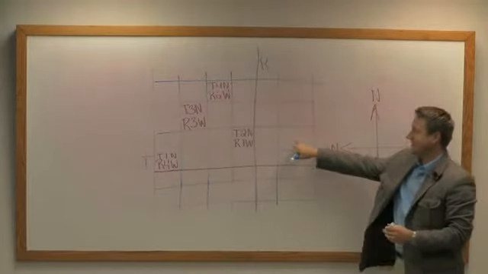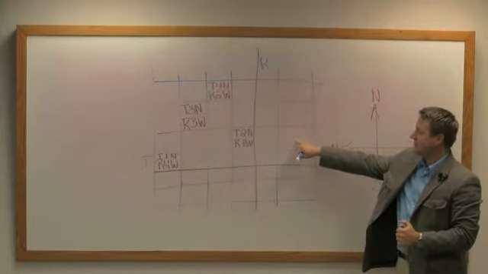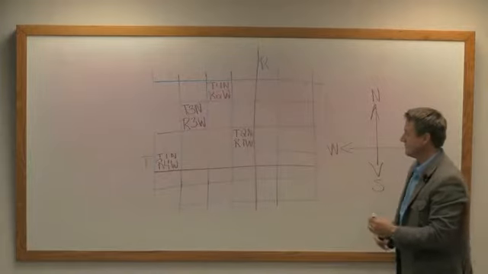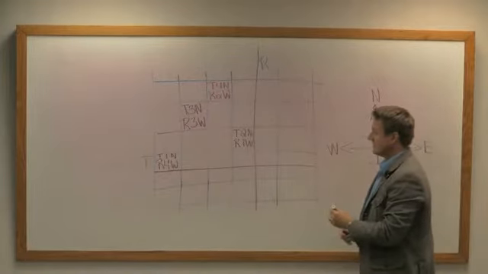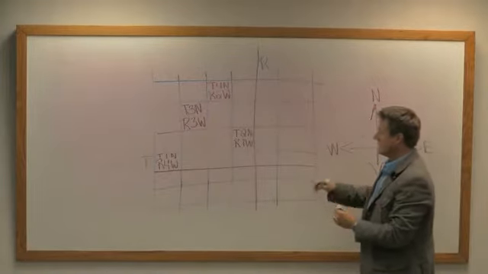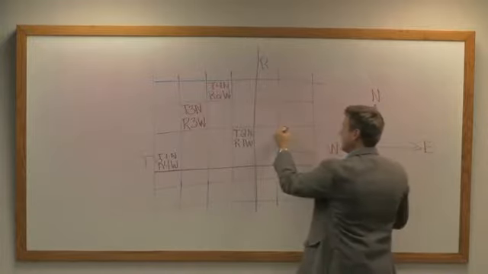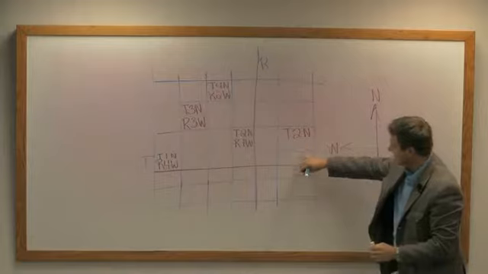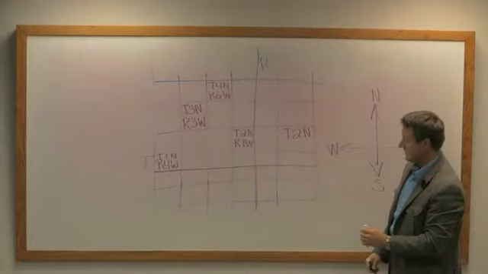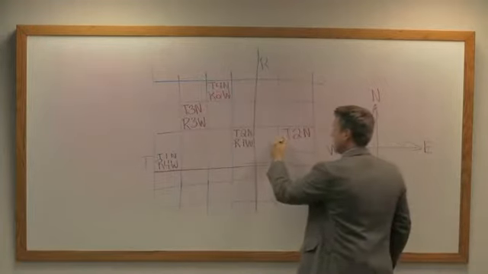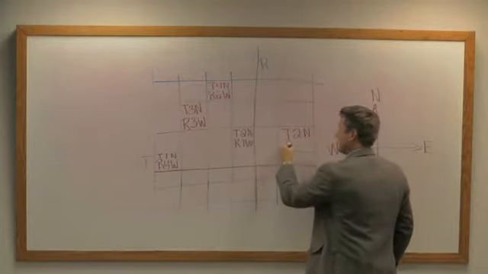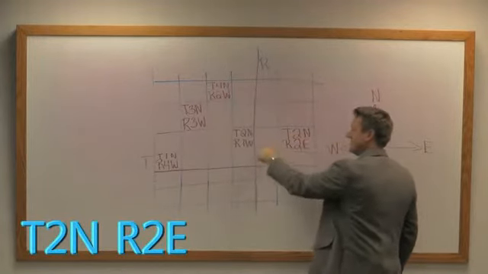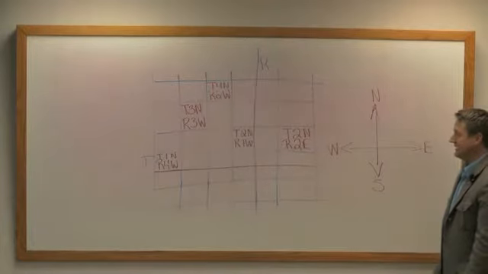What if I'm on this side of that range line? T2N because I'm 1, 2 north. R2 east. I'm 1, 2 east of that line.